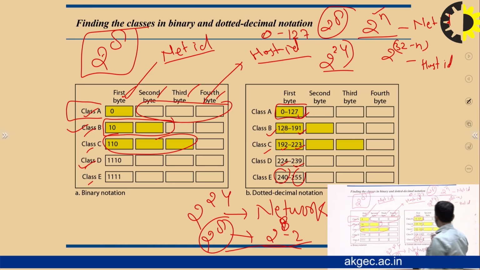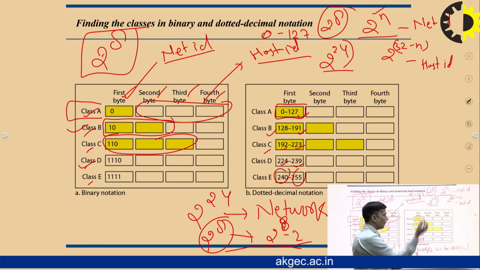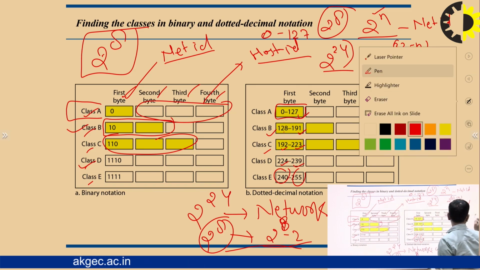Suppose I give you an example. Suppose a dotted decimal notation is given.